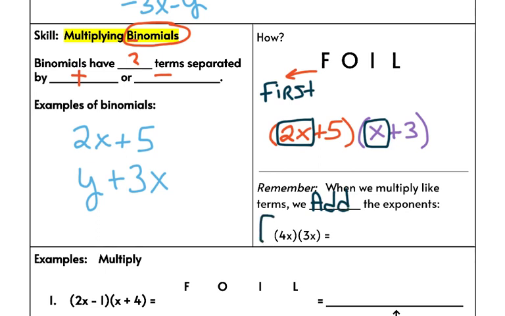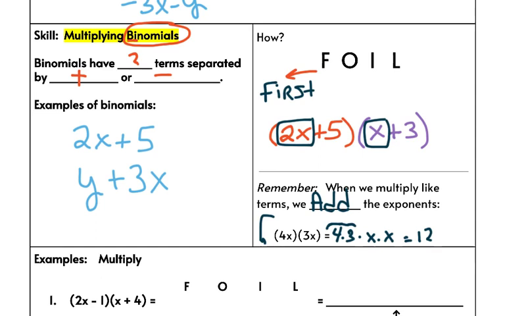So a little expression down here, if I were to do 4x times 3x, technically multiplication can be done in any order. It's called the commutative property, which means you can move stuff around. So we multiply those numbers first and get 12.